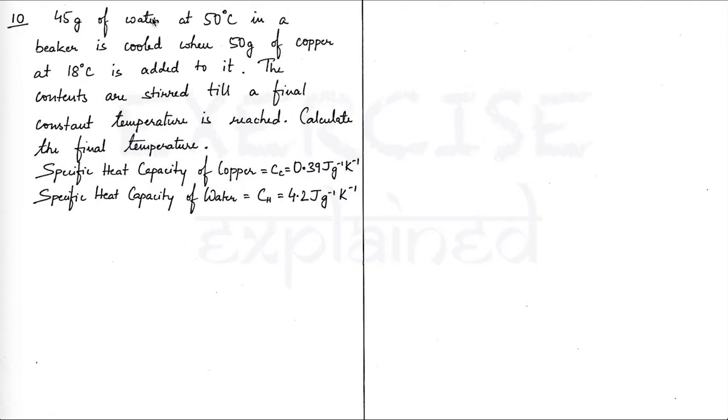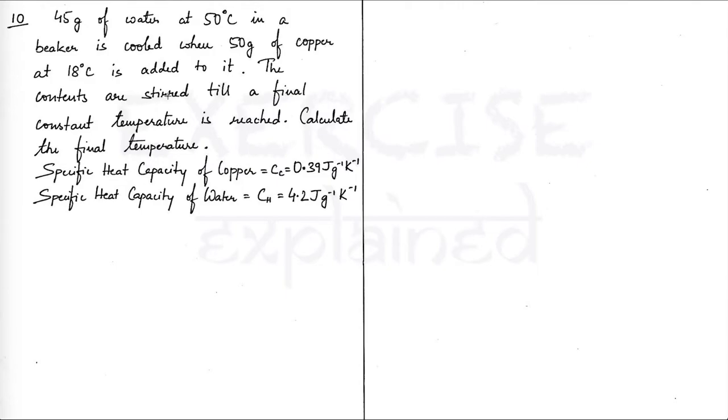45 gram of water at 50 degrees Celsius in a beaker is cooled when 50 gram of copper at 18 degrees Celsius is added to it.